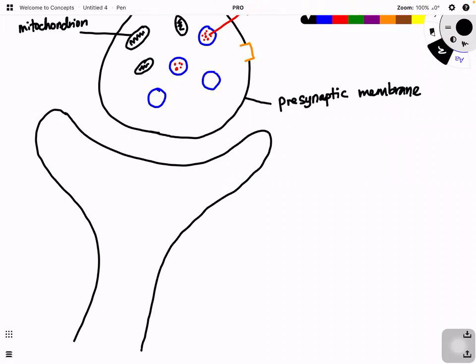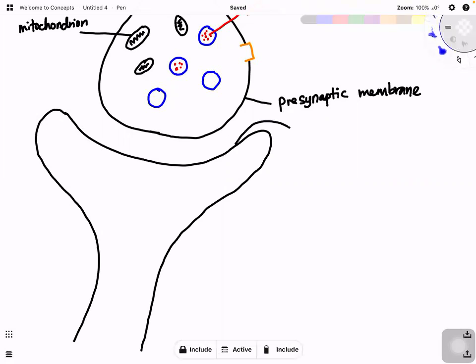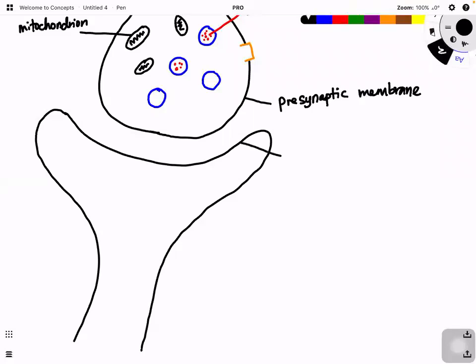So this membrane is known as the postsynaptic membrane.